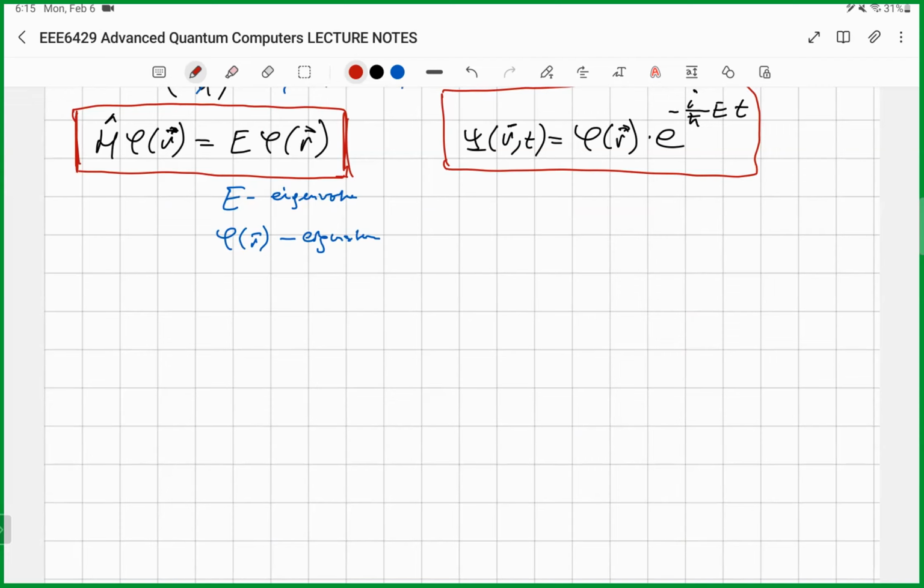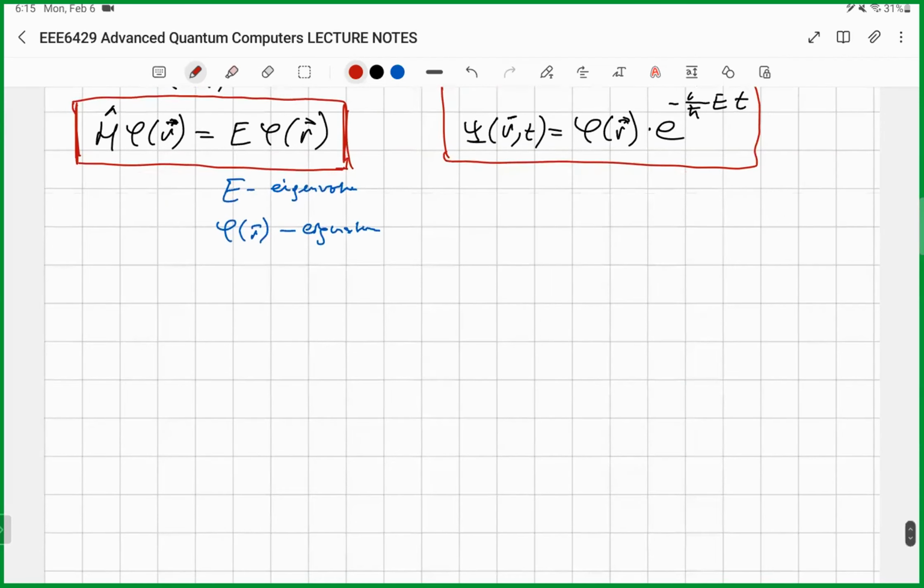And I have two notes, also pretty important ones. So let's name it note 1. When I solve this equation, I will get some solution psi, right? This is the solution to the Schrodinger equation. And in the general case, this solution won't be normalized.